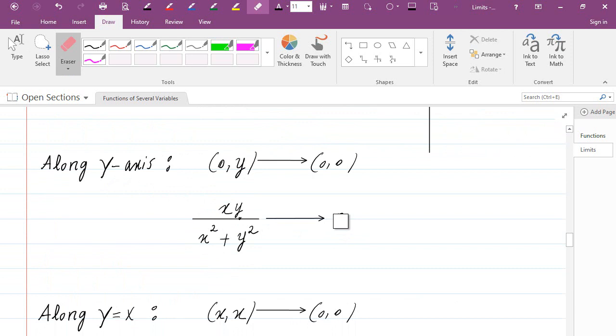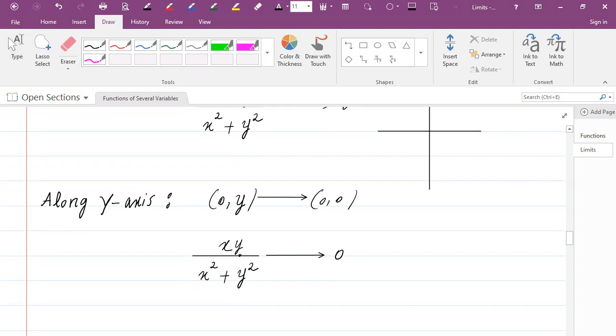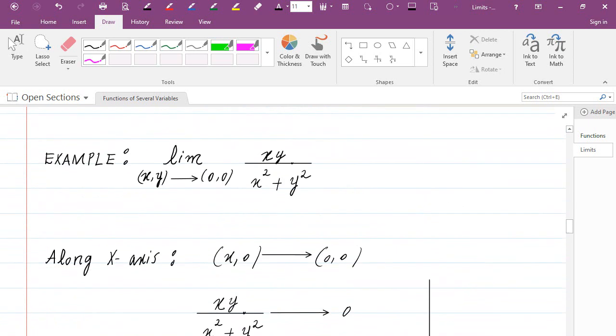So if we approach the origin along the x-axis or the y-axis, we are getting the same limit 0. Is that enough to say that the limit we are looking at is 0?